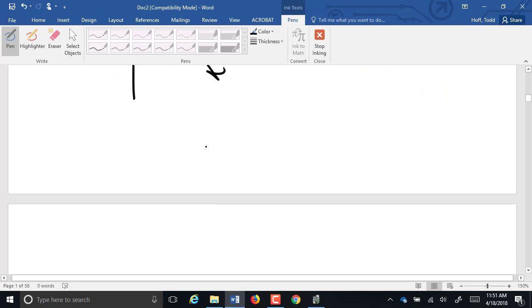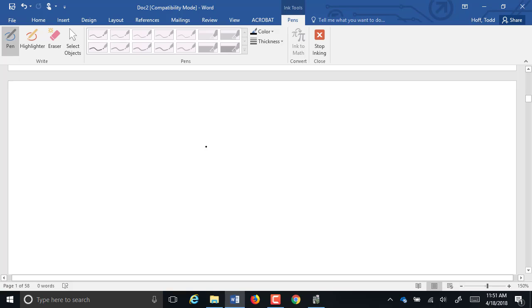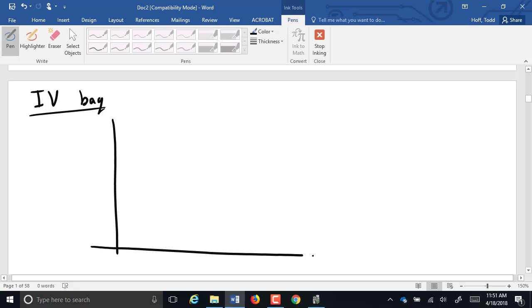So let's look at something a little more technical, applicable. So let's say we have an IV bag. Now obviously we don't have negative values we're going to work with here. This is going to be positive.